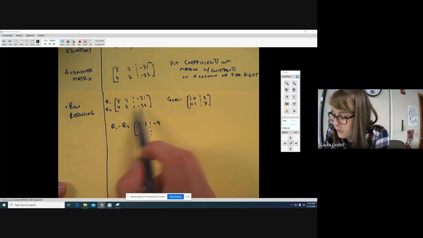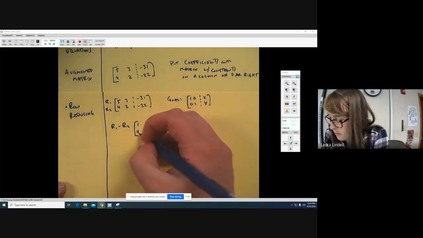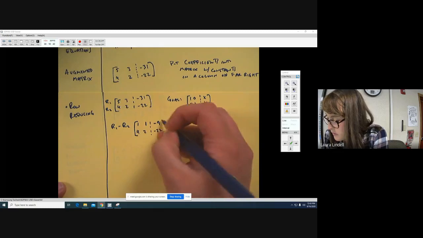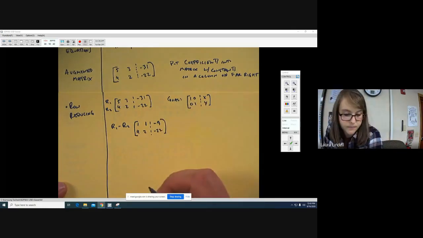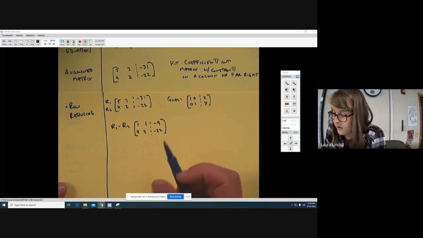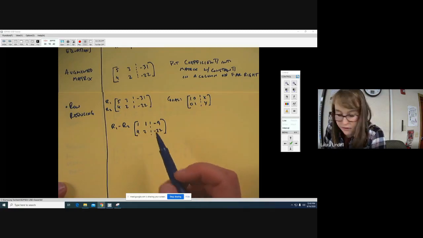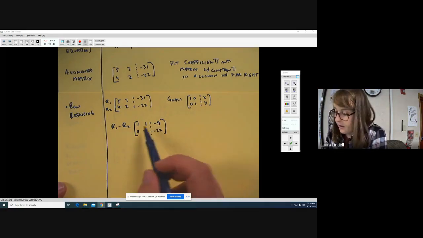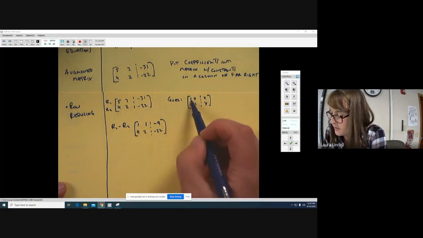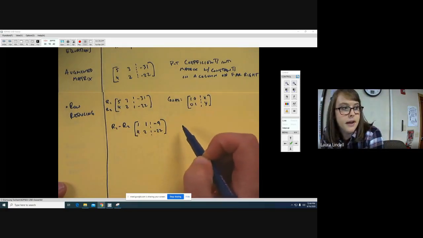Okay, and then row 2 is just going to stay the same for this step. So 4, 2, -22. Didn't touch row 2 at all. Okay. So far so good. We've got the 1 in the top left corner that we wanted.